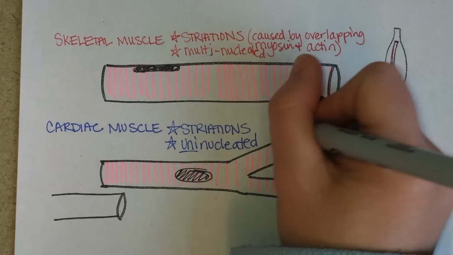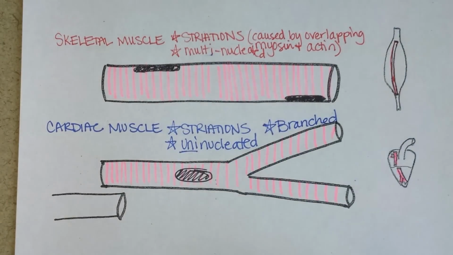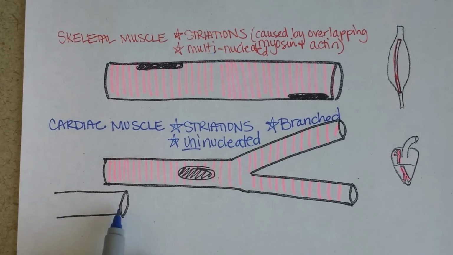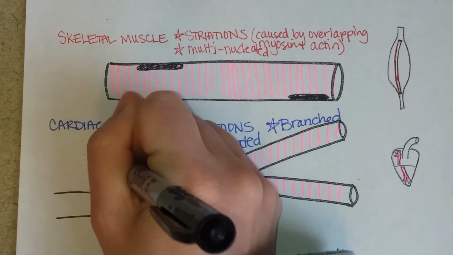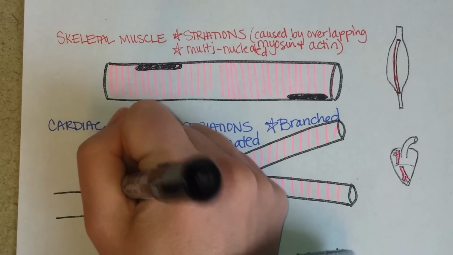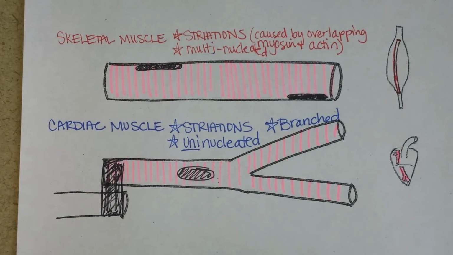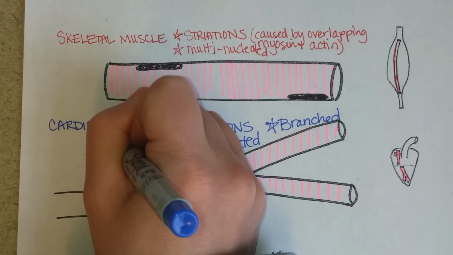We call that branched. And here's another one over here, and notice that there's even something else that's special. One end of a cardiac muscle fiber is connected to another cardiac muscle fiber with intercalated discs.